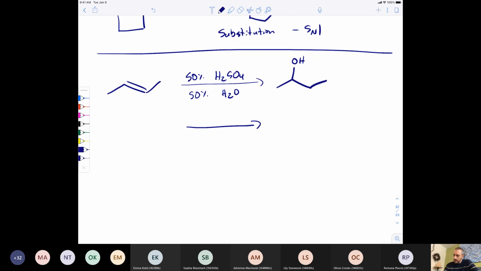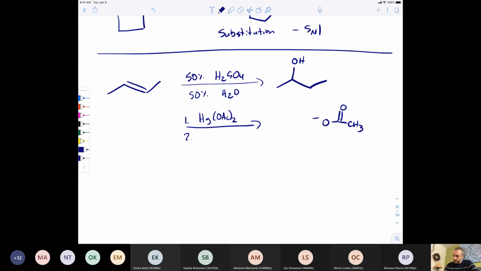You could also do the hydroboration oxidation. No. Yes, you can, but oxymercuration demercuration is what I'm thinking of. Mercuric acetate, OAc, is this. Acetate, just like you'd get from acetic acid.